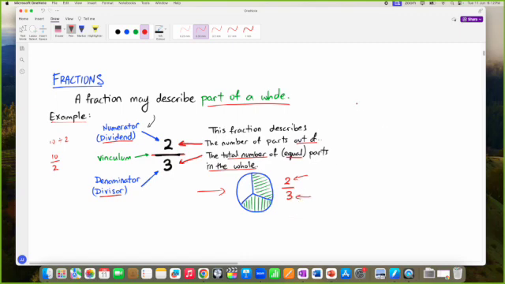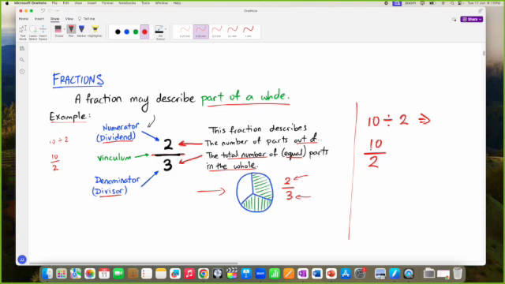You could also think of fractions in terms of divide. So 10 divided by 2 could be seen as 10 over 2, which is an improper fraction. So basically, fractions could mean part of a whole. They could mean divide, as in this case.